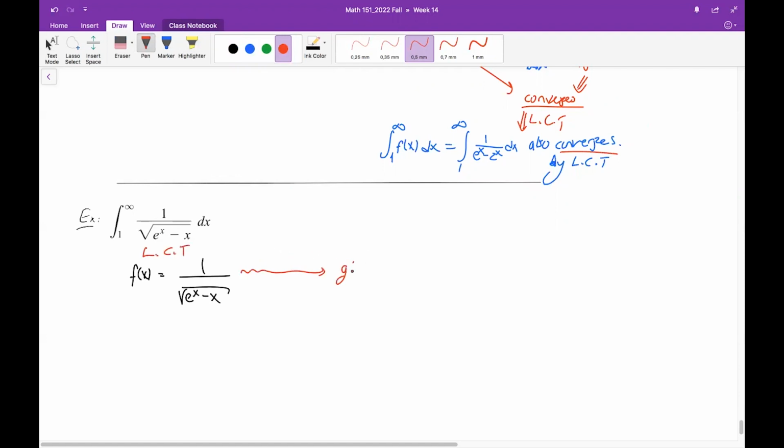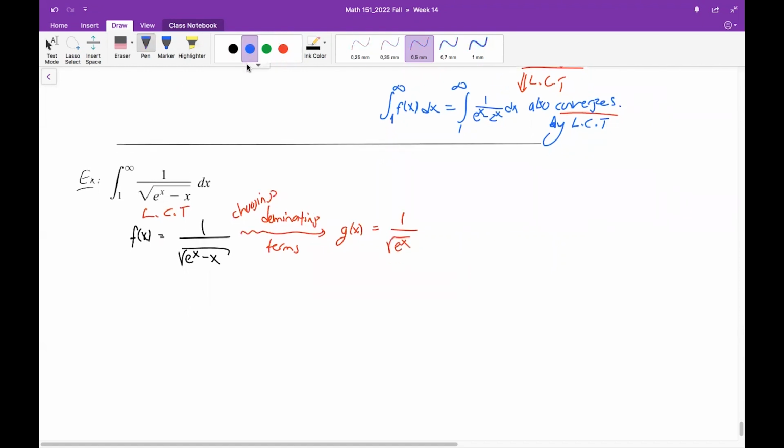That's why we need to choose some g of x by using the dominating terms. Obviously, the dominating term for the denominator is the square root of e to the power x.